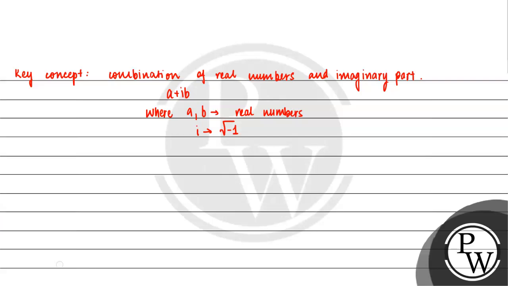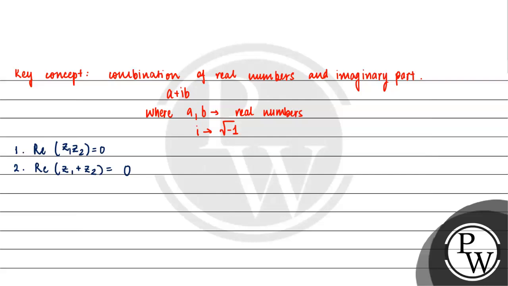So let us now start solving this question. तो हमारे को इस क्वेश्चन में already given है that first, real part of z1 multiplied by z2 is equal to 0. And the second thing which is given to us is that real part of z1 plus z2 is equal to 0 as well. So we need to determine which of the following options is possible.